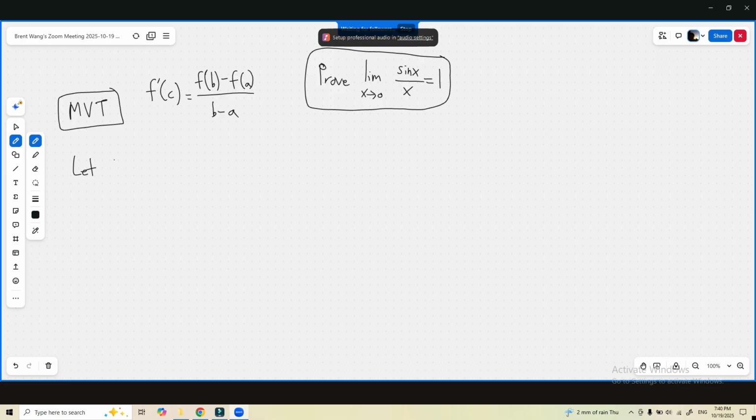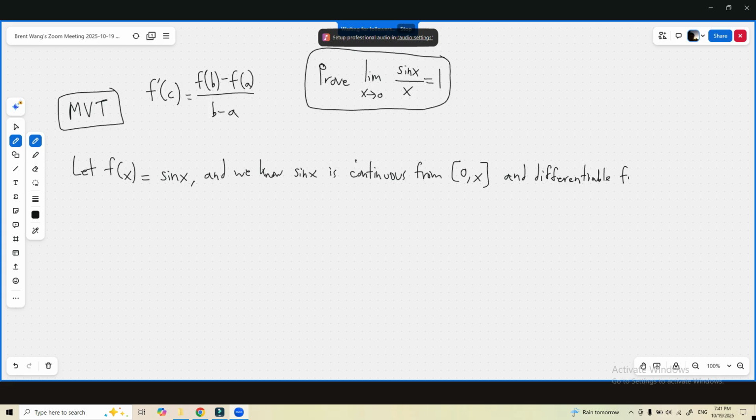Let f of x equal sine x. And we know sine x is, let's say, continuous from 0 to some real value x and differentiable from the open interval 0 to x.